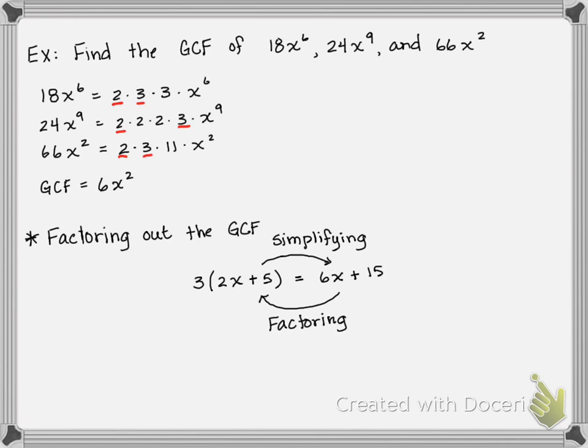So if I was given 6x plus 15 and I was asked to factor it, I would say, okay, the GCF of 6x and 15 is 3, because they don't have any factors of x in common, but they do both have a factor of 3. And so I can rewrite 6x plus 15 as 3 times whatever polynomial we would have to distribute to in order to get 6x and 15.